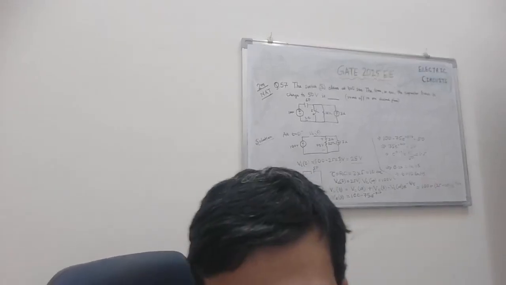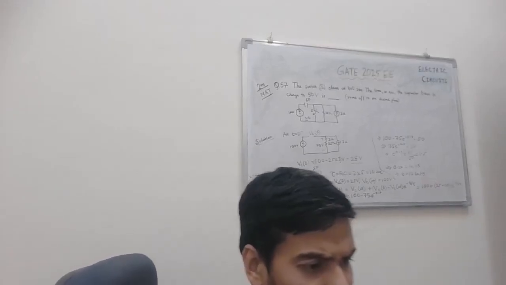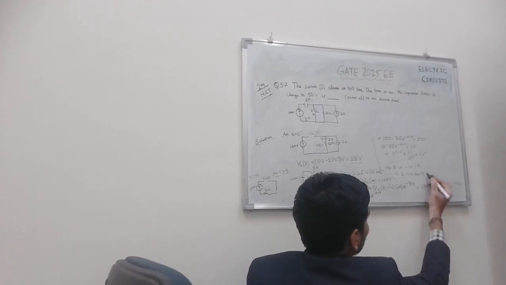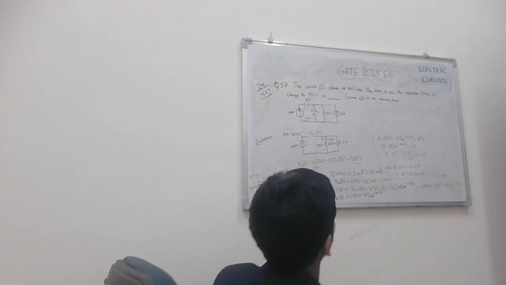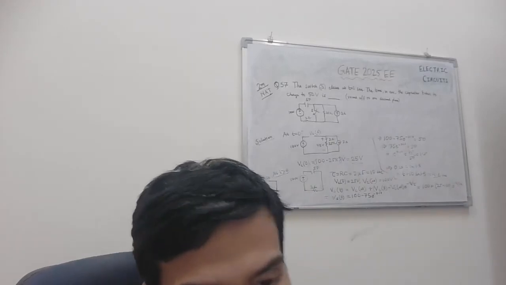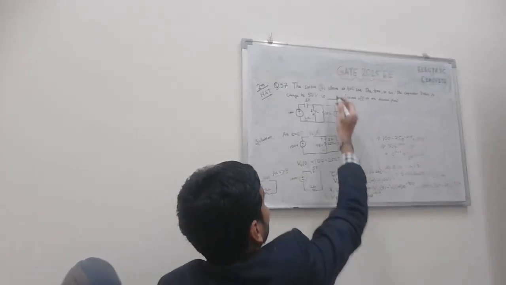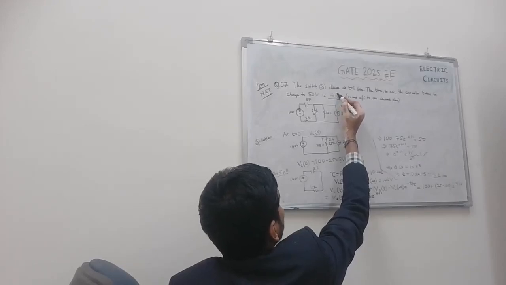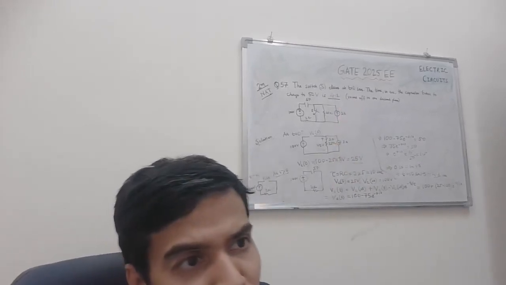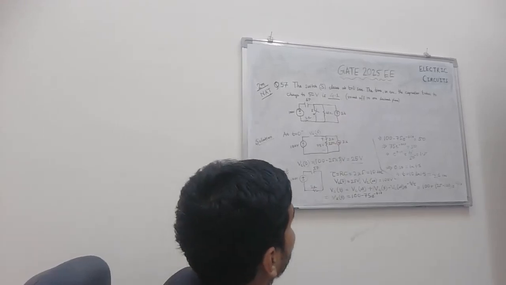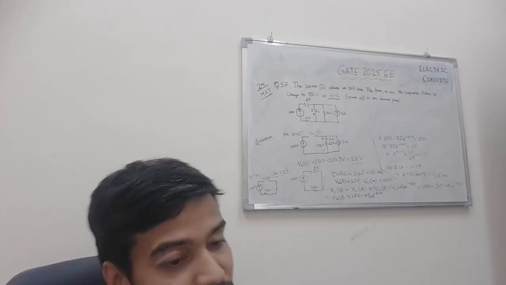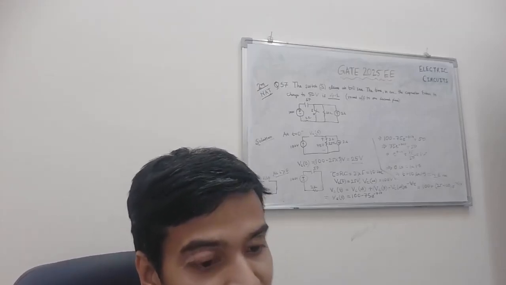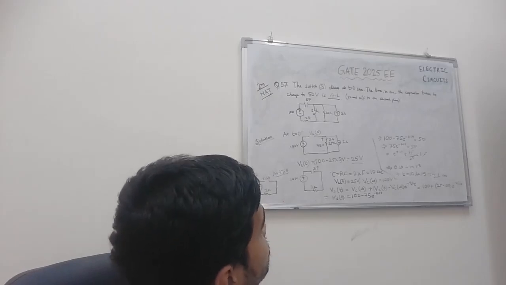We type this in the virtual calculator and get the value as 4.05, that is 4.1 up to 1 decimal place. The range is given as 4.0 to 4.1. So the time taken for the capacitor to reach 50 volts after the closing of the switch is 4.1 seconds.